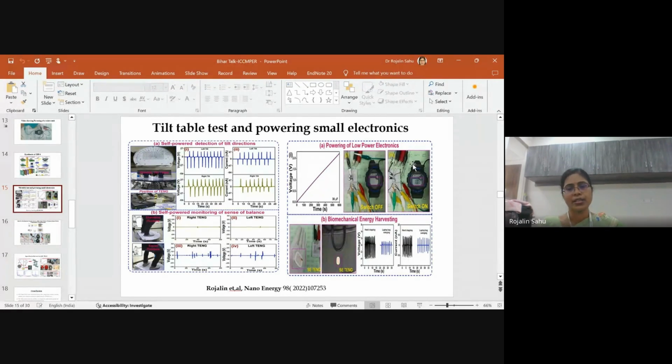Small electronics work the same way. And the tilt table test is very important in medicine, because when a person faints often, the tilt table test is very important to understand the stability, the blood pressure, and the heartbeat-related aspects. So this can be measured by using our devices.